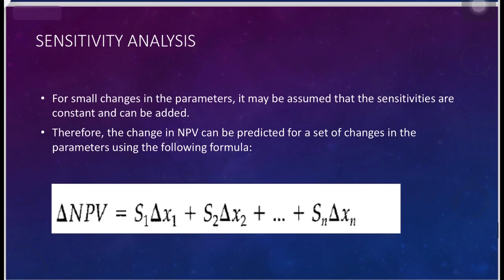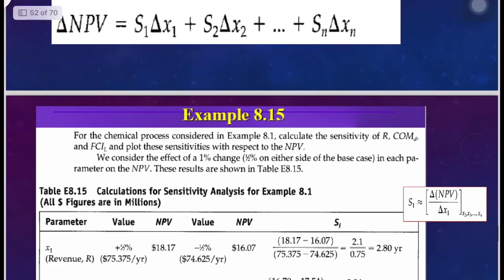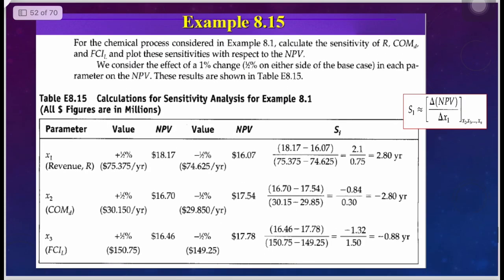For small changes in the parameters, it may be assumed that the sensitivities are constant and can be added. Therefore, the change in NPV can be predicted for a set of changes in the parameters using this formula.